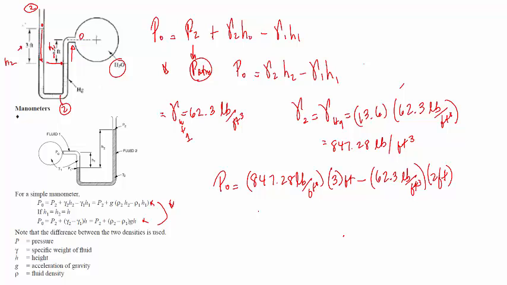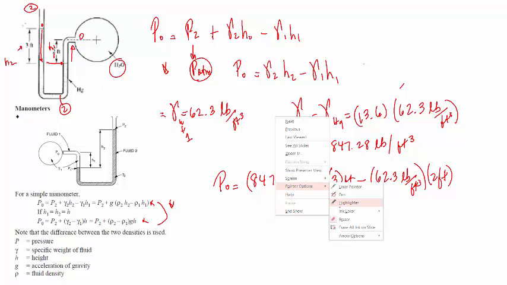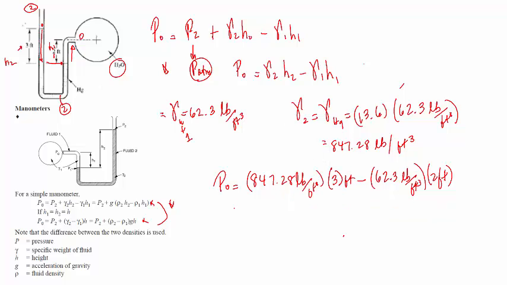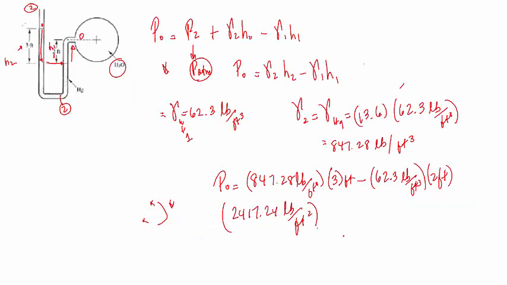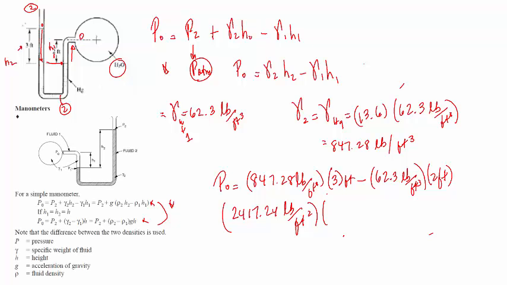It'll be something like 17.24 pounds per square foot. And the question was in psi, so we need to convert that to pounds per square inch. So we have 12 square, oh no, I have it backwards.